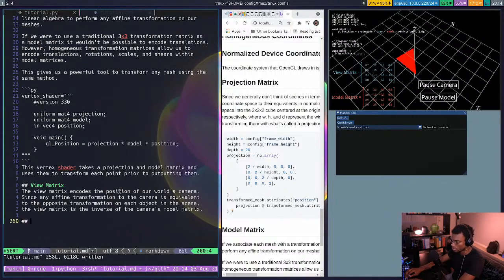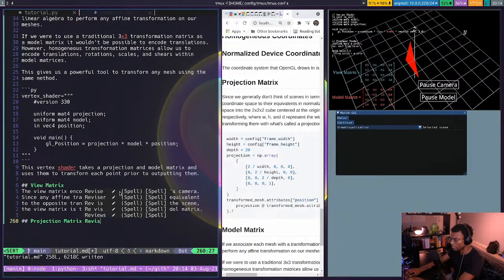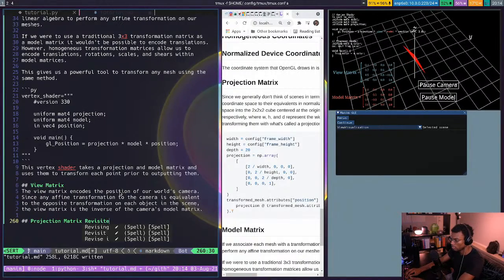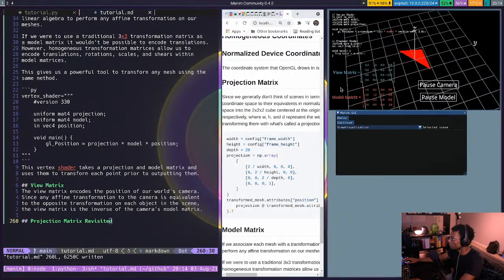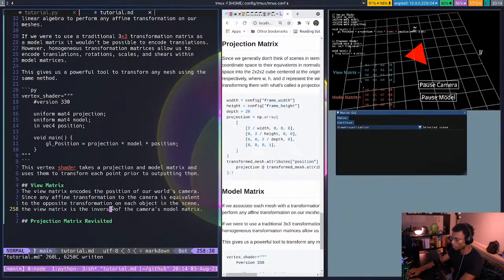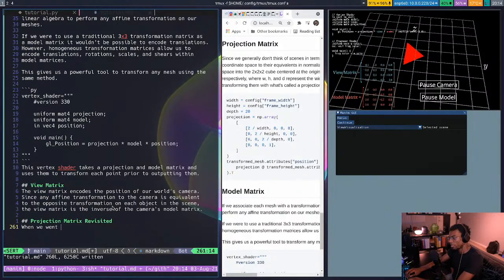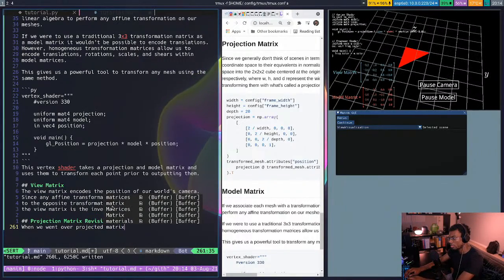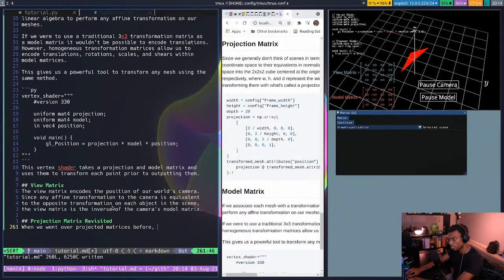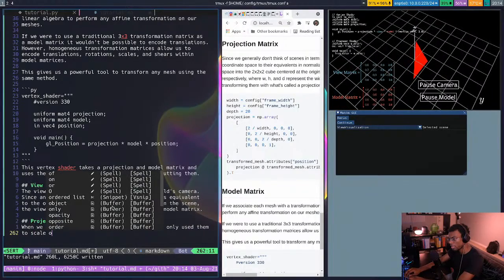So I'd say the projection matrix revisited. I should go over a bit about how projection matrices can do more advanced things than just scaling. When we went over projection matrices before, we used them to scale objects.